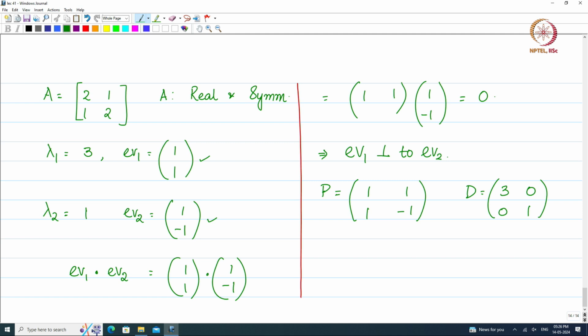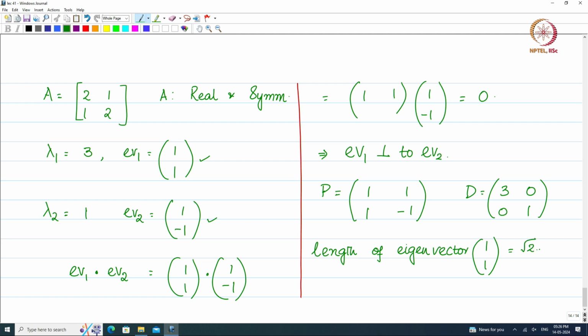I want to have a closer look at eigenvector 1 and eigenvector 2. What is the length of eigenvector 1? The length of 1 1 is basically root 2.